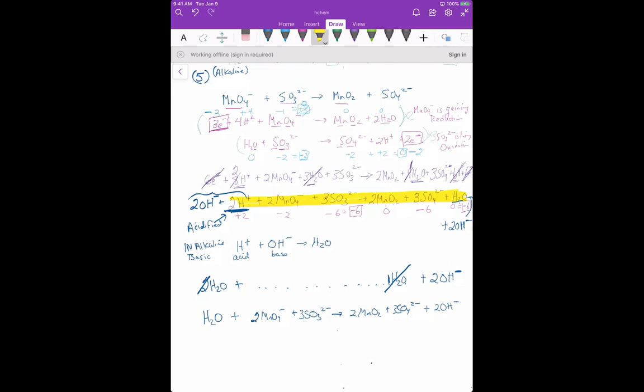All right, and so now I have a new balanced equation that shows us that we don't have H pluses anymore. We have OH minuses. I can do a quick check. 0 minus 2 minus 6 is minus 8. 0 minus 6 minus 2 is minus 8. And the charges are balanced on both sides of the equation.